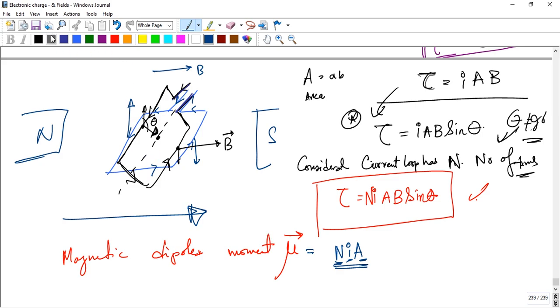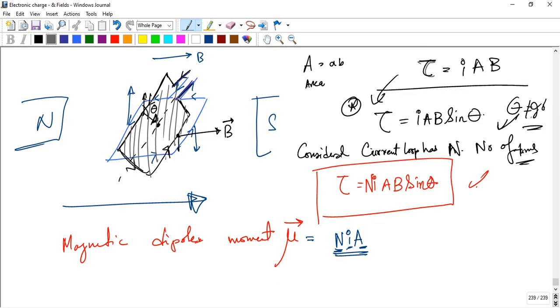Area means the cross sectional area of that coil, the rectangular area.